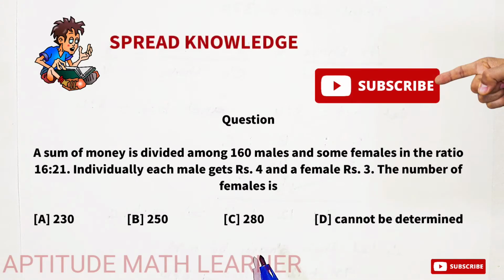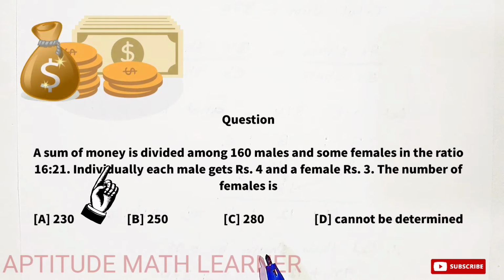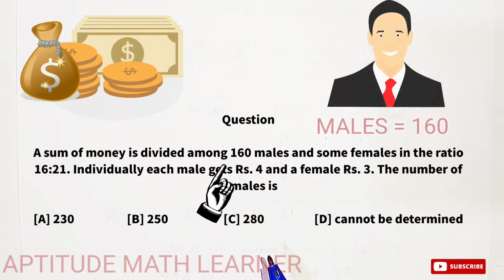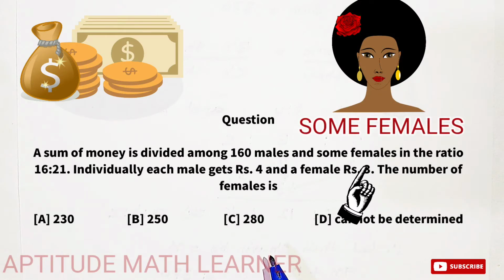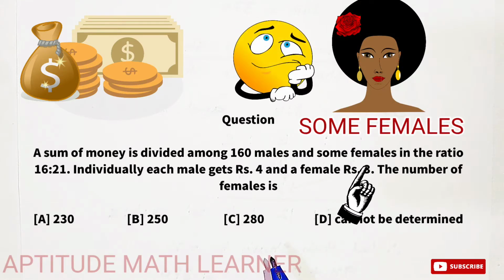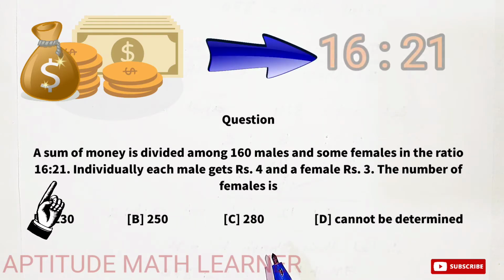I have brought today a very interesting question. The question is: a sum of money is divided among 160 males, which is the number of males, and some females, which is unknown. We don't know the number of females, in the ratio 16:21.